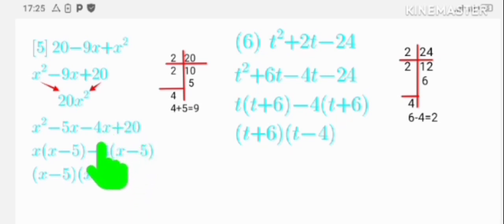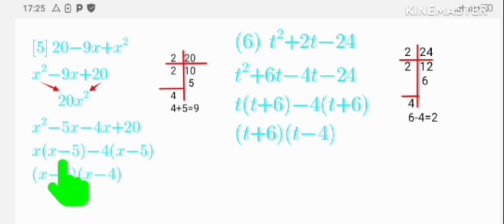You can use your calculator for the whole of this if you want to, but it's important to understand the concept. So negative 4x can be divided by negative 4 to give us x, because negative 4 times x will give negative 4x. 20 divided by negative 4 will give you negative 5, because negative 4 times negative 5 will give you 20. And if you have done everything correctly, this bracket should be the same thing as this bracket.